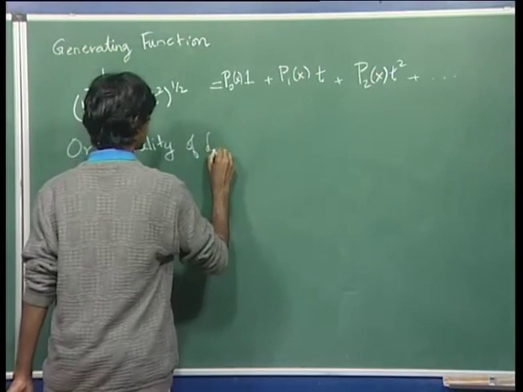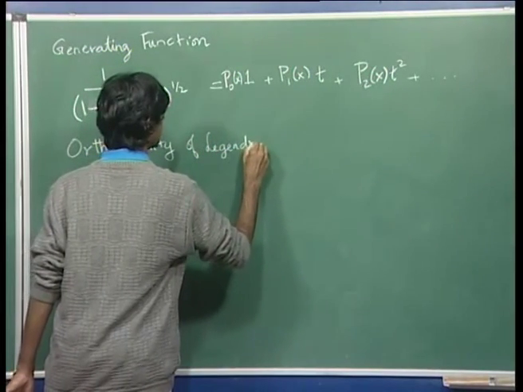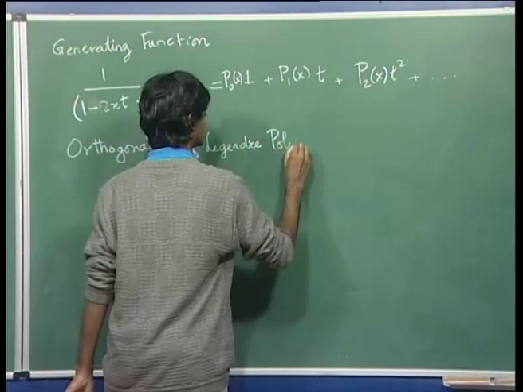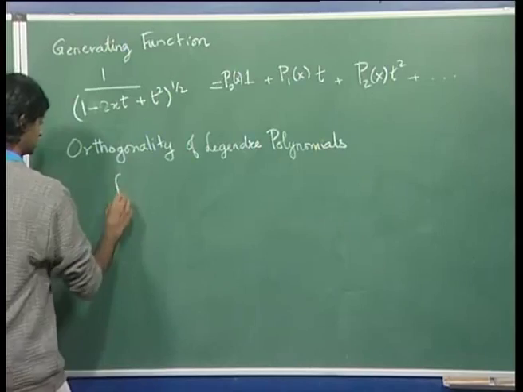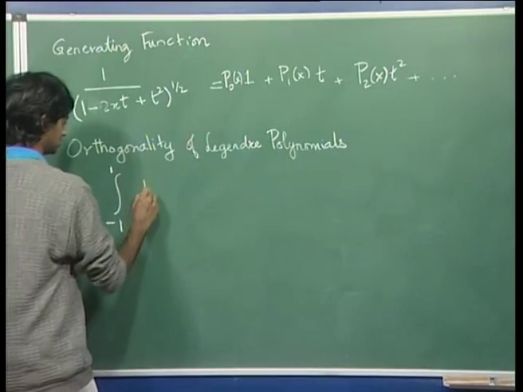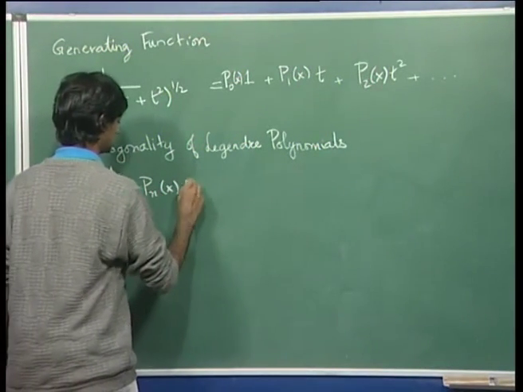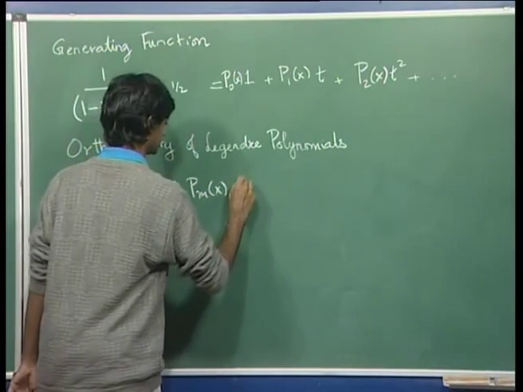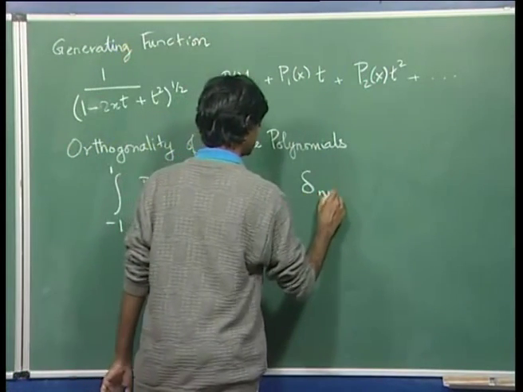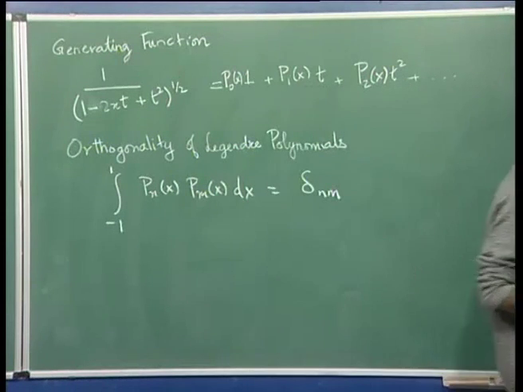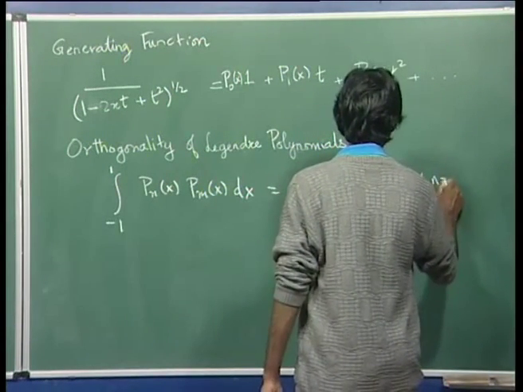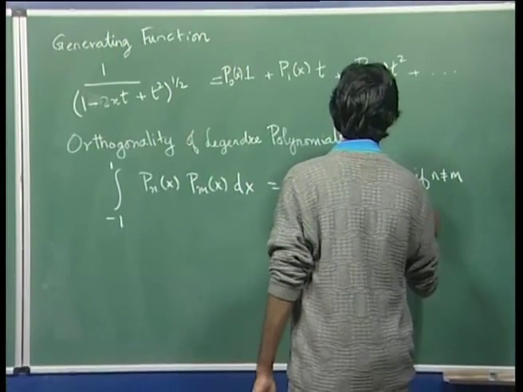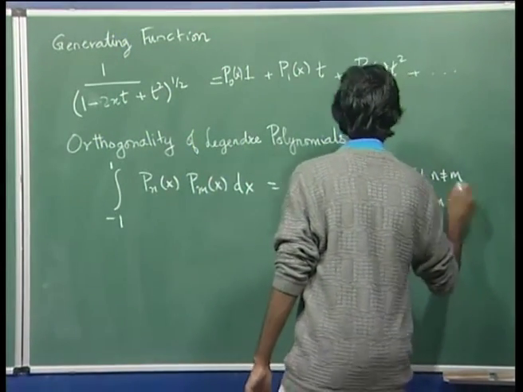Orthogonality of Legendre polynomials: this is the integral from minus 1 to 1 of p n of x p m of x dx equals delta n m. That means this is equal to 0 if n is not equal to m, and equal to 1 if n equals m.